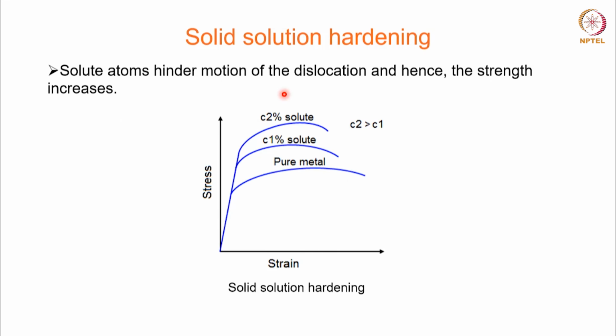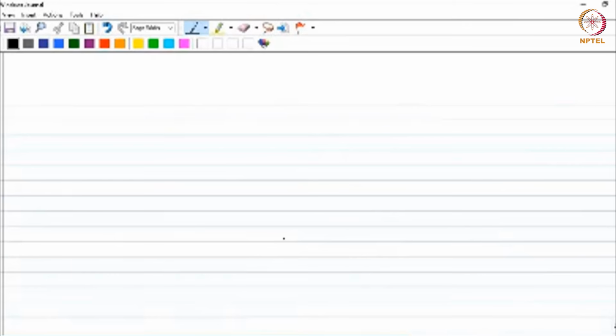So this part will give you a little more understanding as to what is going to happen when you have the presence of these solute atoms and when the material is being loaded. First part is, of course, the elastic interaction, what we have already discussed, right? That means the opposite forces attracting each other.